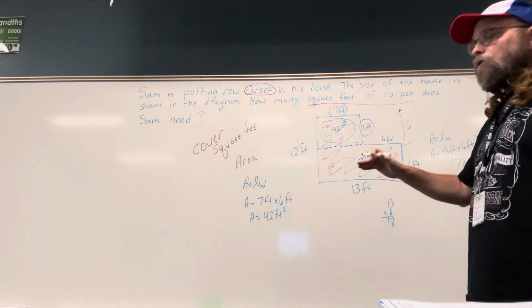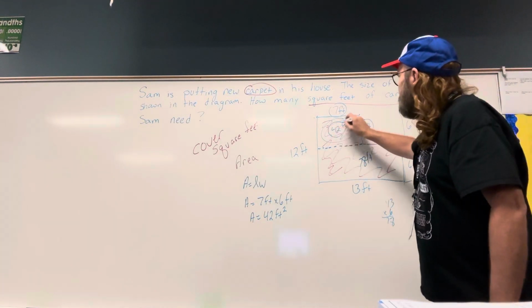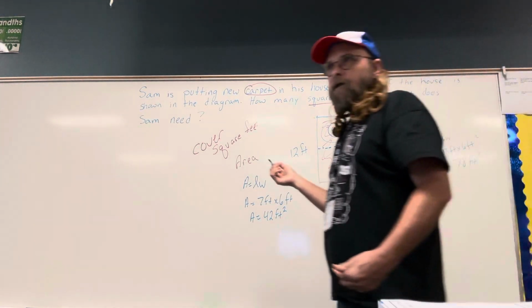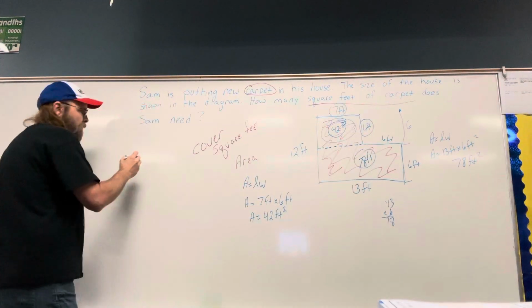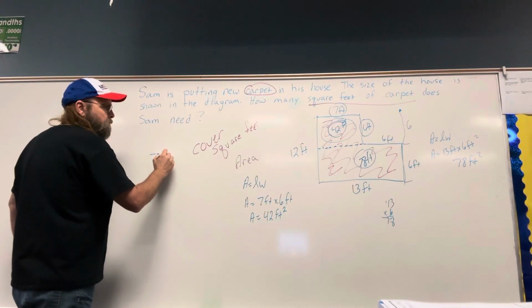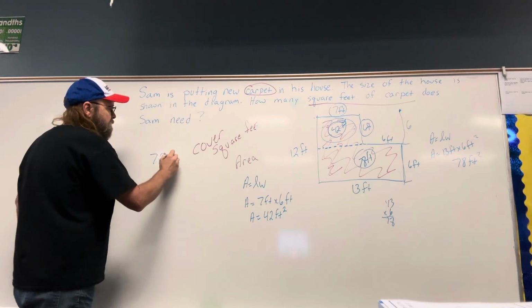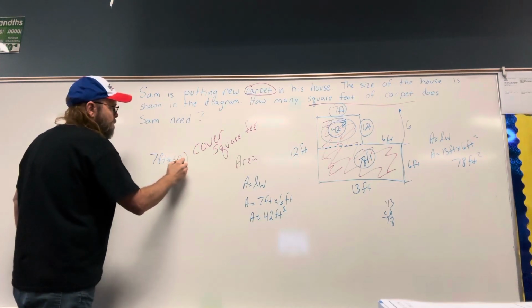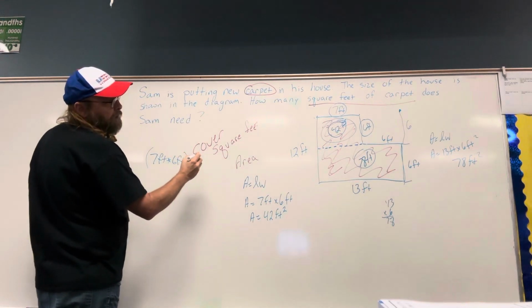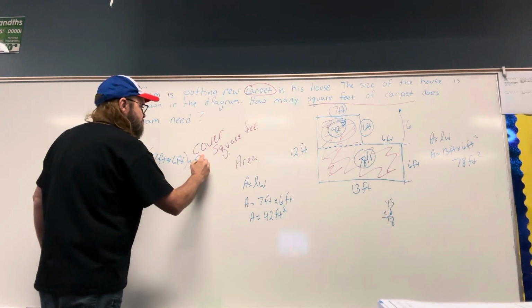And to find the total area, I would have to add these 2 together. So if I wanted to write it out in one equation, I would have 7 feet times 6 feet plus 13 feet times 6 feet.